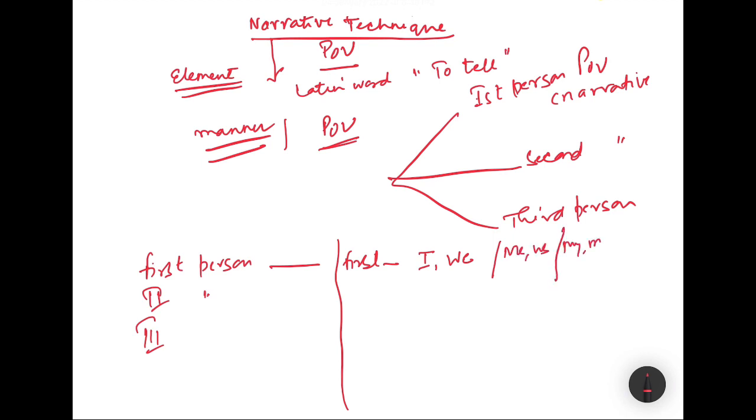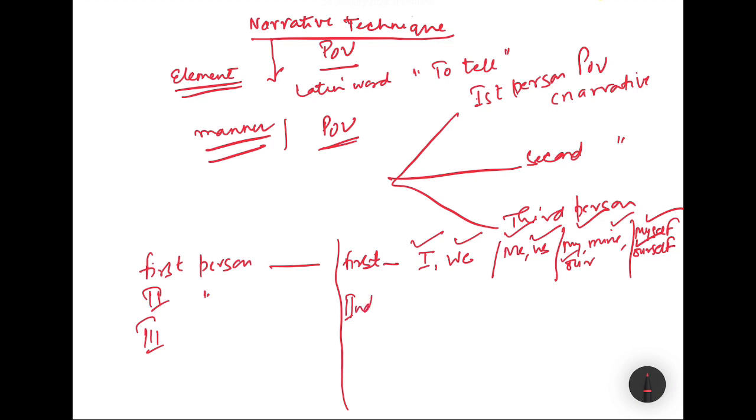Possessive my, mine, our are dominant. And reflexive myself, ourself are dominant. So when we read a first person narrative, or a story where first person is dominant, we'll have I, we, me, us, my, mine, our, myself, ourself.